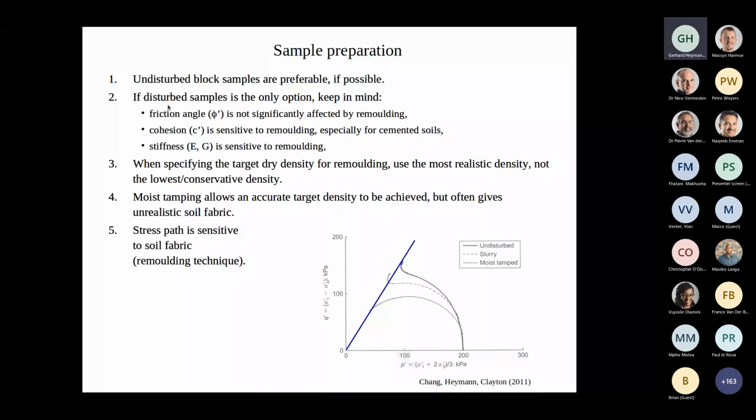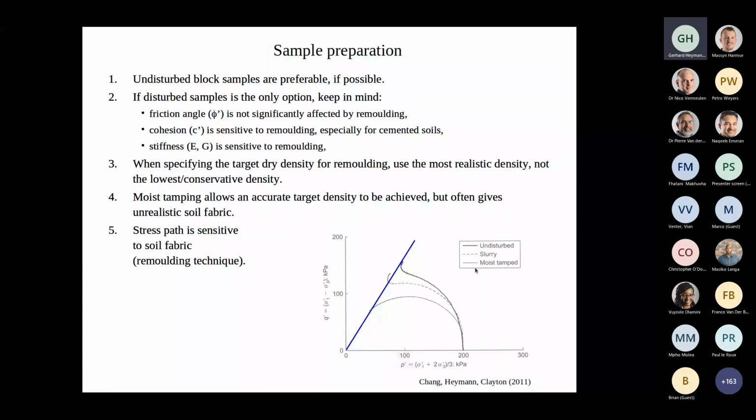The first bit of news is good news, and that is that the friction angle is not significantly affected by remolding. Here you can see some interesting data from Nico Chang's PhD, where he tested undisturbed tailings. He took that same tailings and prepared slurry samples, and prepared moist tamped samples.